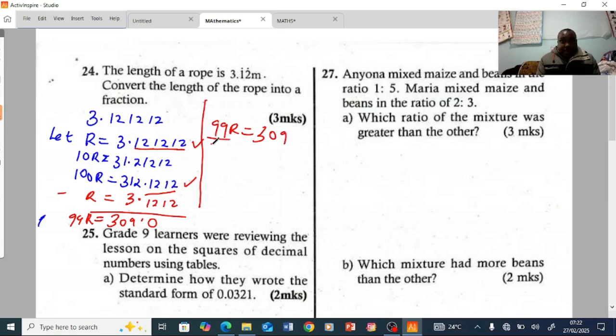We divide by 99 on both sides. So R, our fraction, will be equal to 3 and 4 over 33. And that is the fraction.